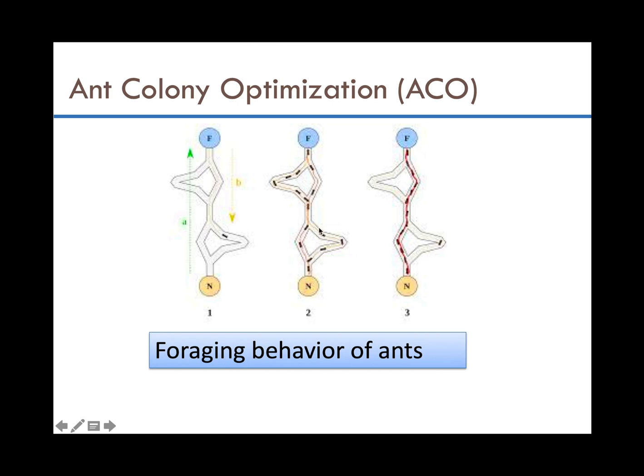The longer path has a high evaporation rate, so less pheromone concentration, while the shorter path has a high concentration of pheromone. So more and more ants keep choosing the shorter path. After some time, only the shortest path will remain and the longer path will disappear.